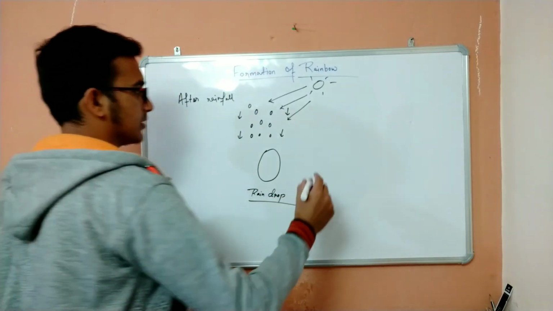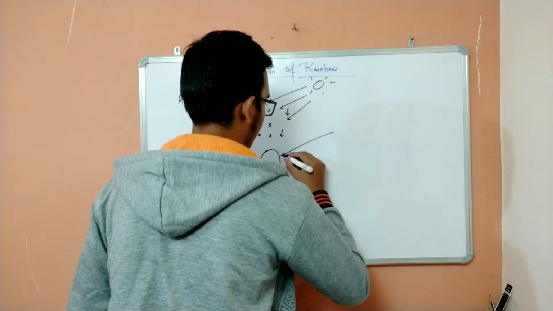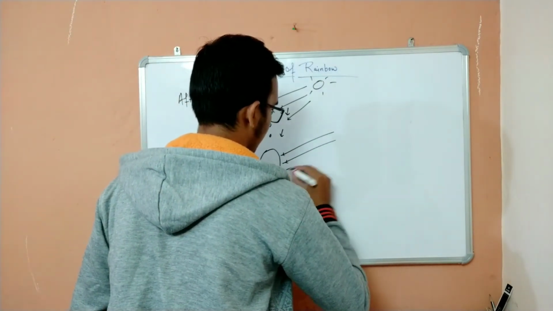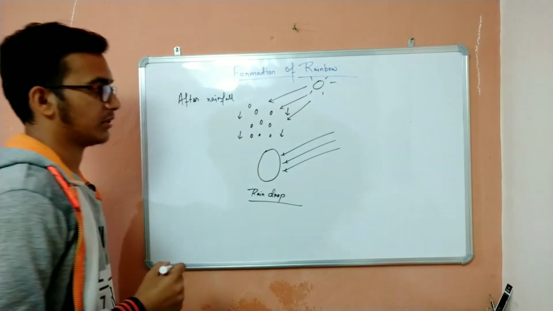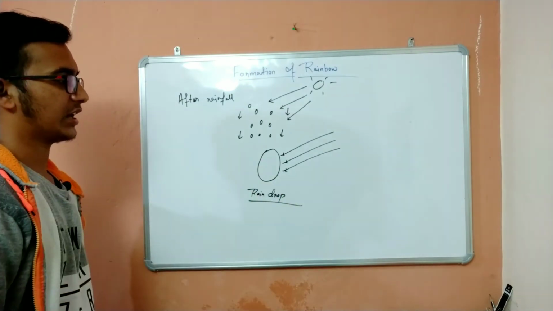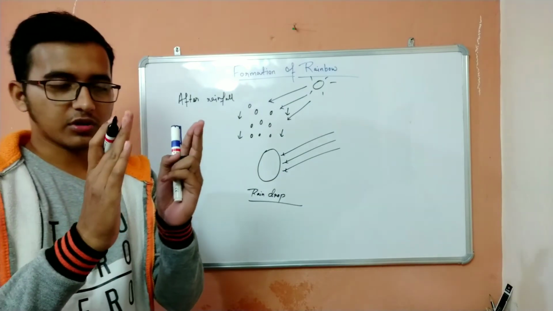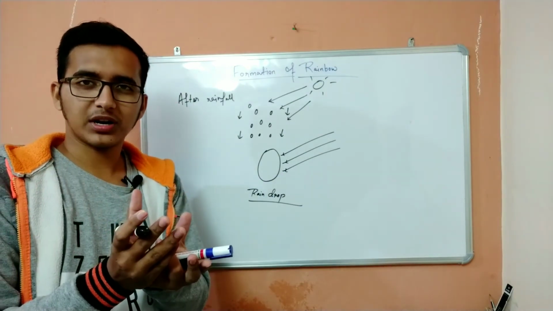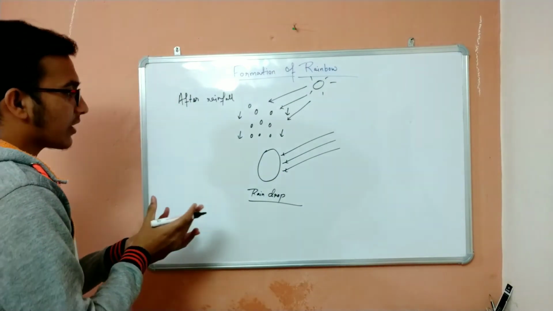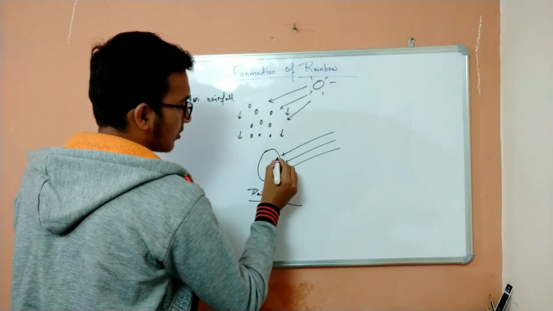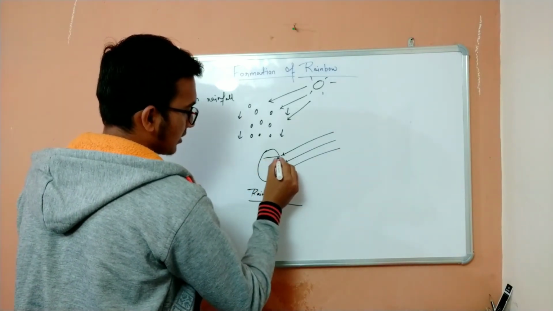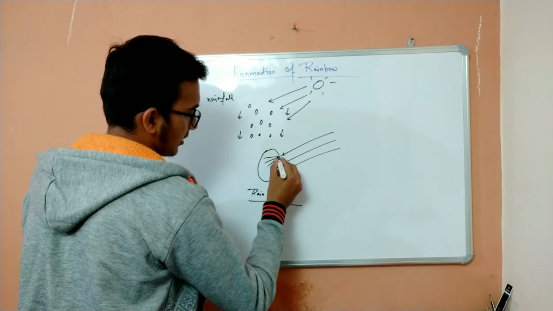What basically happens is, when the ray of light hits the raindrop, because of the curvature, see, the raindrop is not flat, it's somewhat round shaped. So because of the curvature of the raindrop, the light gets refracted.